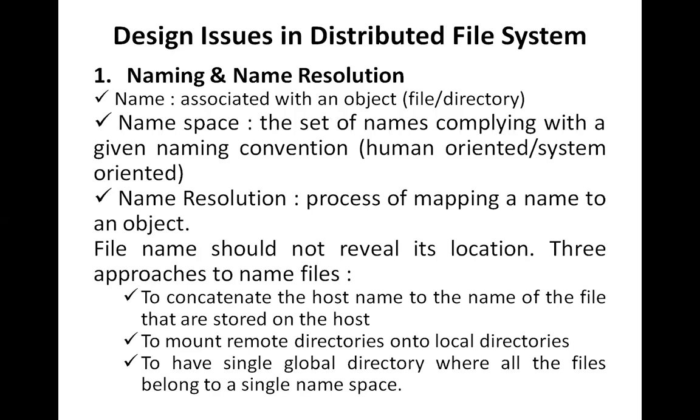Namespace is a set of names complying with a given name convention, whether human oriented or system oriented, or a combination of these two. And name resolution is the process of mapping a name to an object, whatever has been asked by the client and in whatever form it is stored on the server.